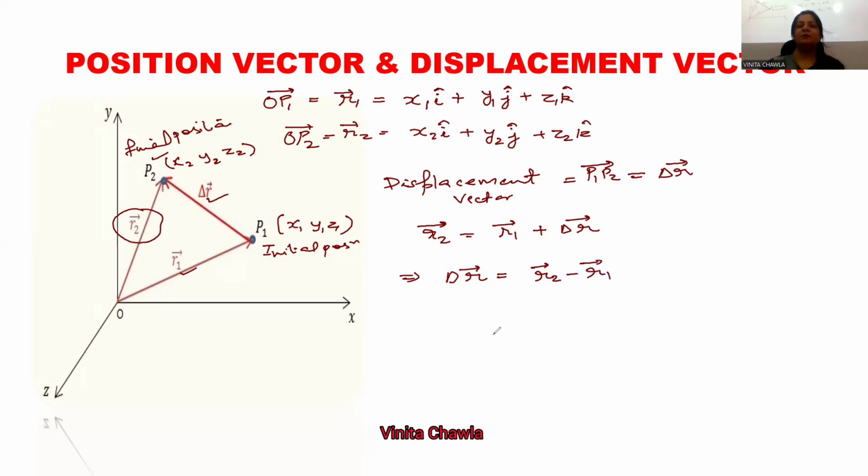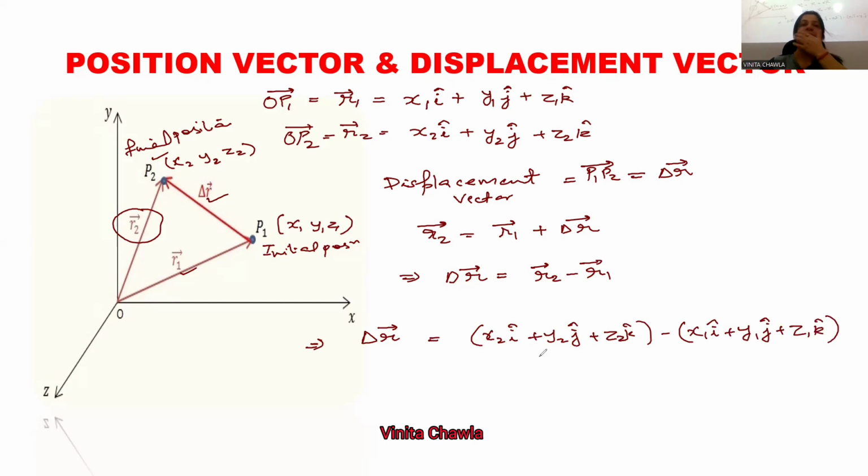Now put the values here. What will you get? Delta r vector is equal to r2, which is x2 i cap plus y2 j cap plus z2 k cap, minus r1, which is x1 i cap plus y1 j cap plus z1 k cap.